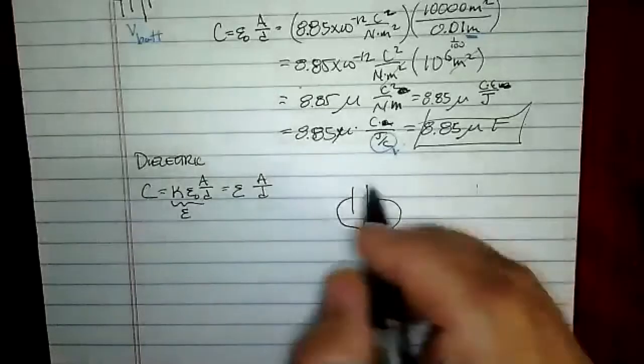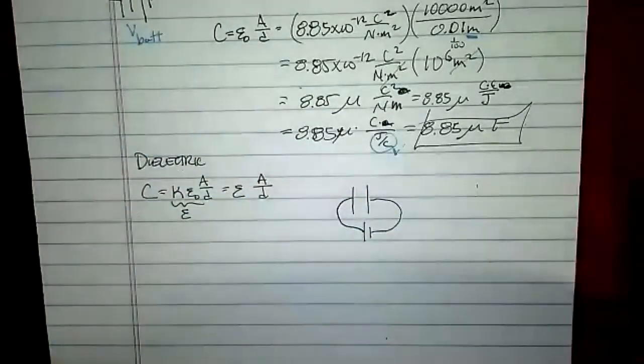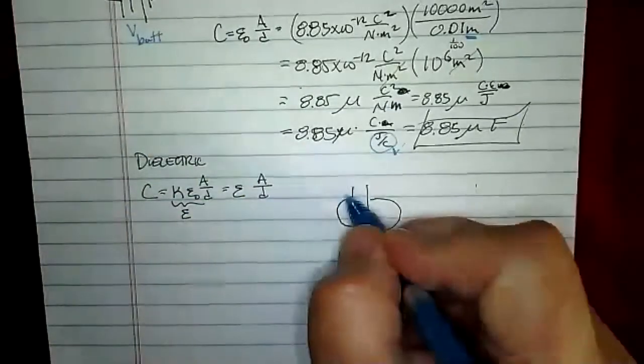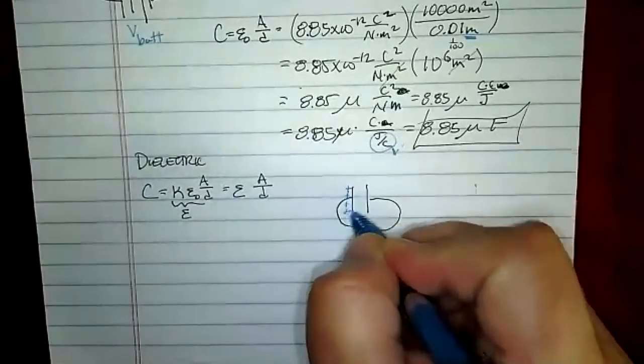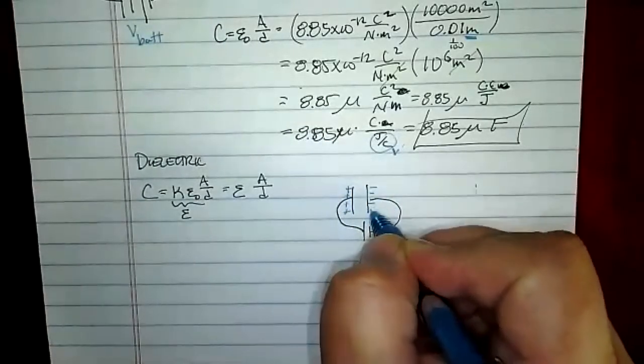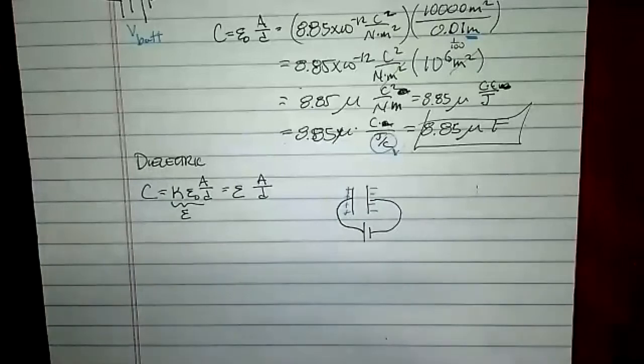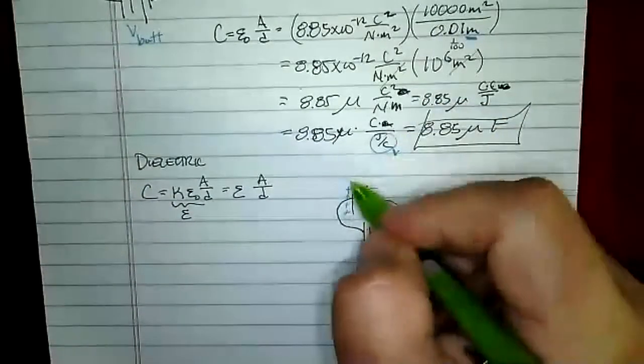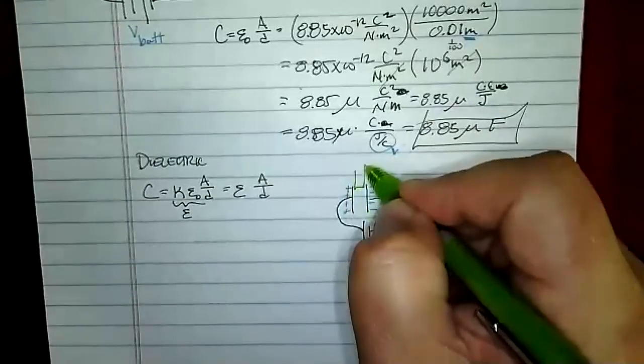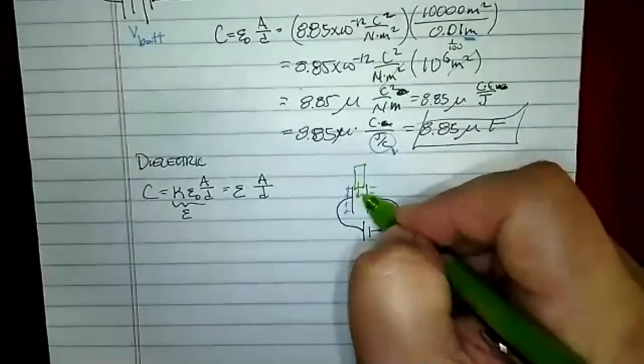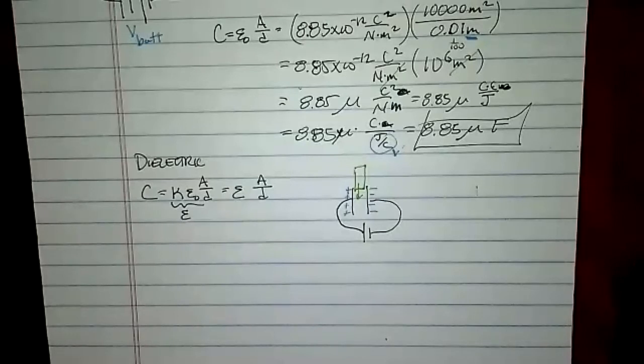It's all charged up like that. So this is your plus side, and this is your minus side, and it's nothing but air in there. But then all of a sudden, I take a slab of dielectric and slide it in there. What's going to happen?